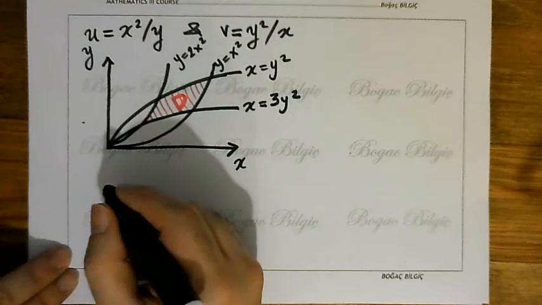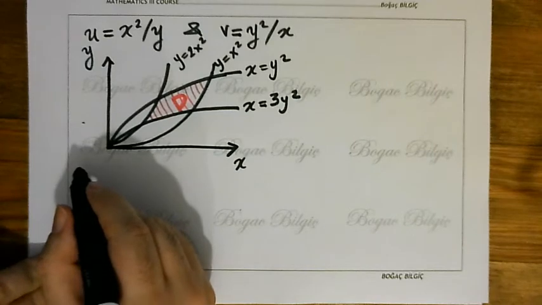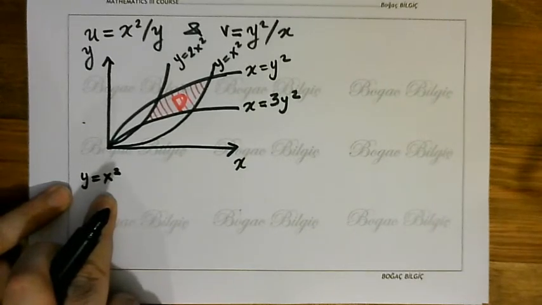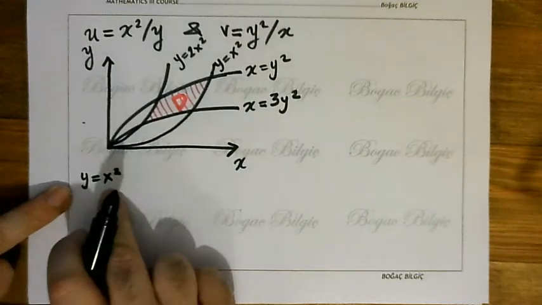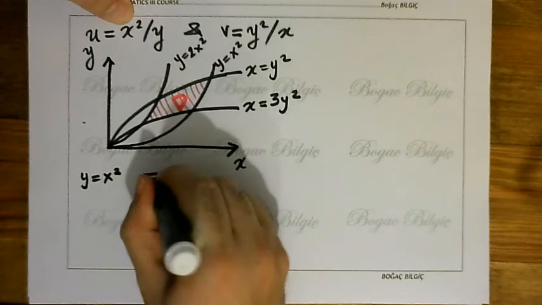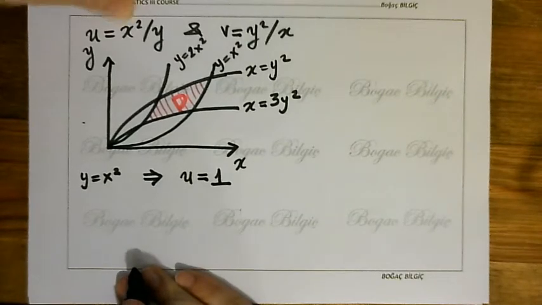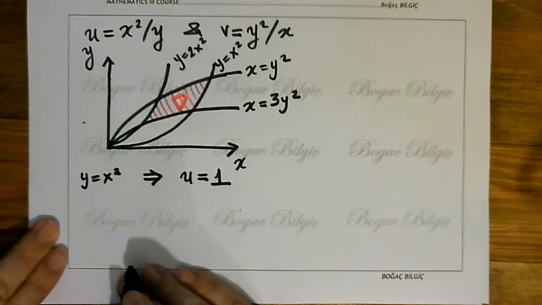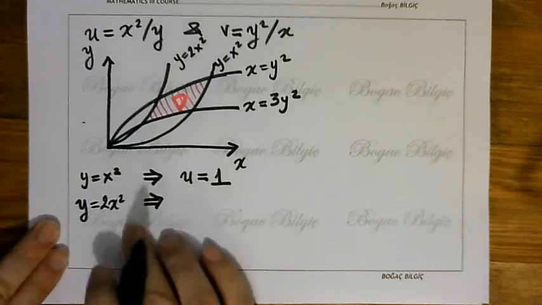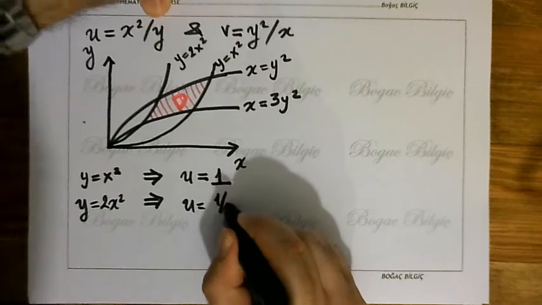And now if you say y is x square, u is x square divided by y, so u is 1. If you say y is 2x square, u is 1 divided by 2.